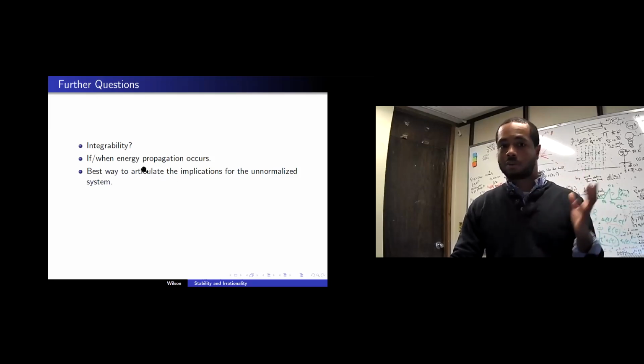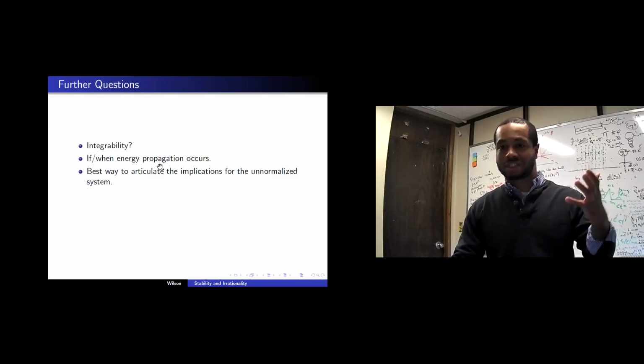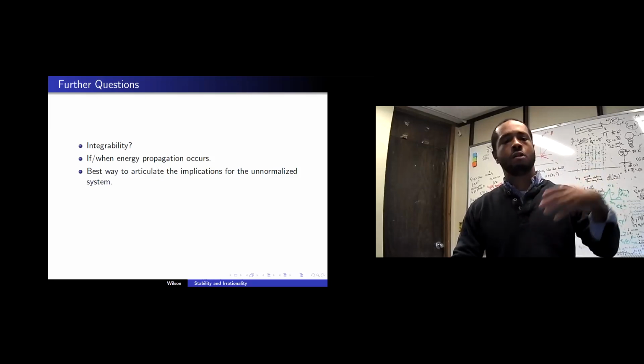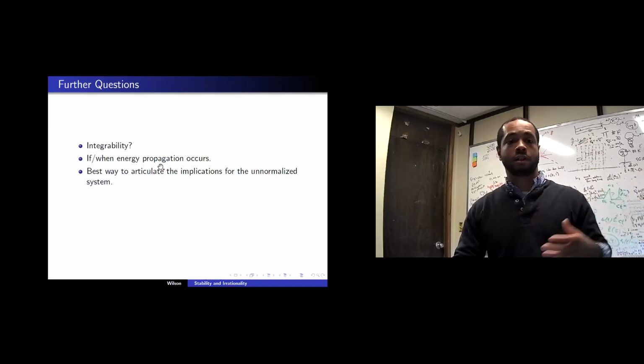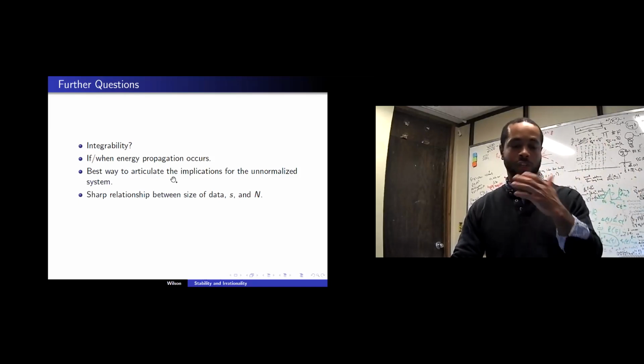Again, we still need to know whether or not energy propagation occurs ever for the complete system. For the normalized system, it doesn't, but for the complete system, it's not clear. And again, the best way to articulate this is the implication for the unnormalized system and the untruncated system.